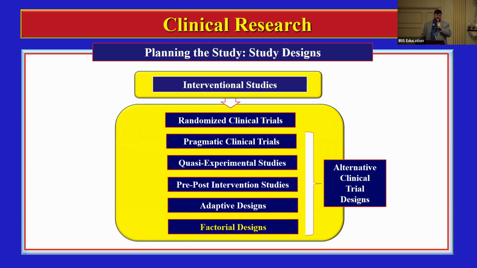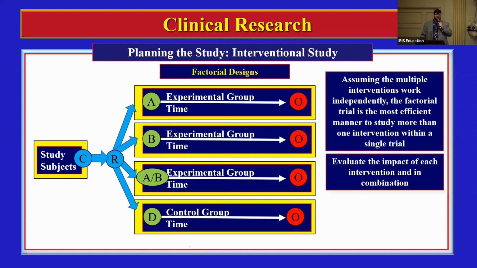And then the last study design we'll talk about today are factorial designs. And so a factorial design lets you assess 2 treatments, but you could test them independently and in combination. So let's say that you think that there's going to be a confounding or an effect modification of a drug on another drug, you could use the factorial design then to test for that.